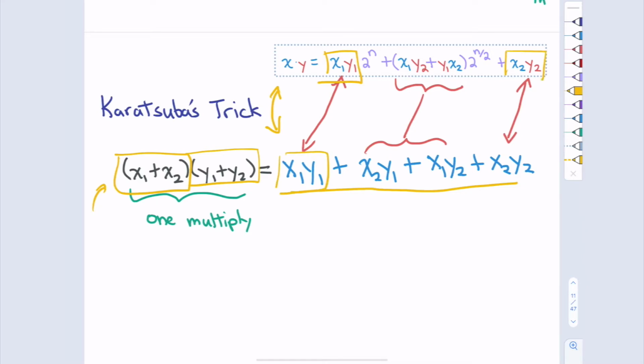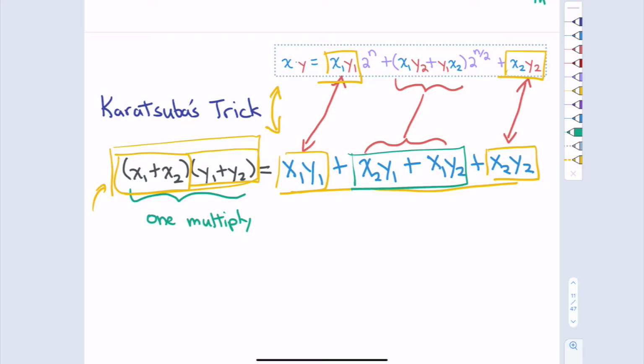We're going to multiply these 2. And then I'm also going to multiply this bigger one on the left. And if I have those 3, then I can recover this middle term.